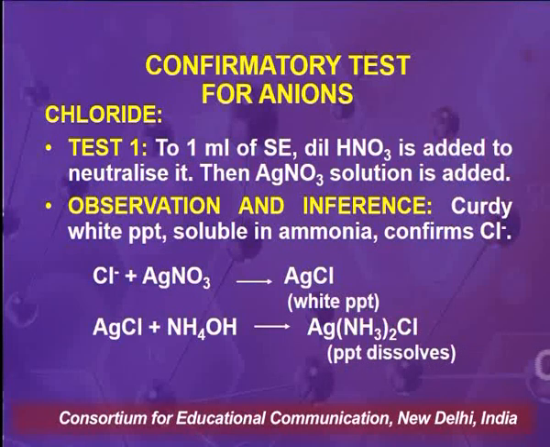This silver chloride dissolves in ammonia, or as we say ammonium hydroxide, to give the silver amine complex, which has the composition [Ag(NH3)2]Cl, wherein we see that the white precipitates of silver chloride have dissolved in ammonia to form the silver amine complex.